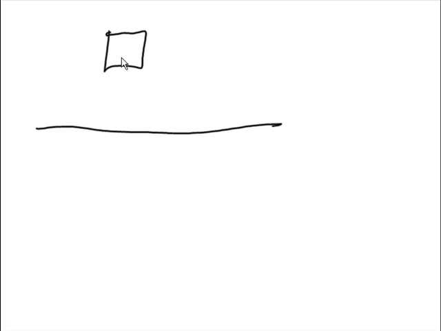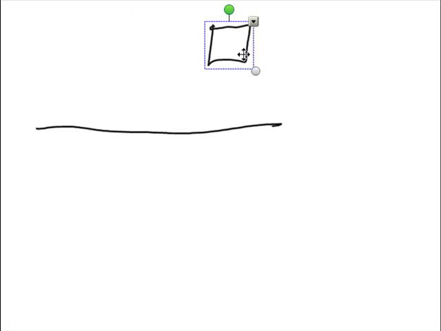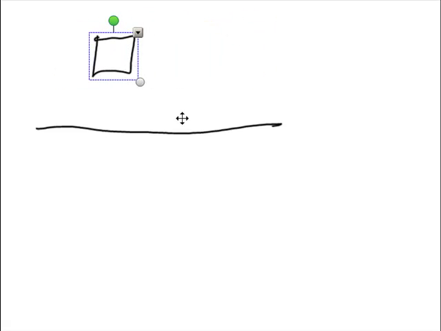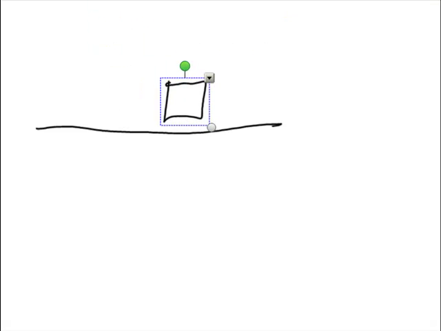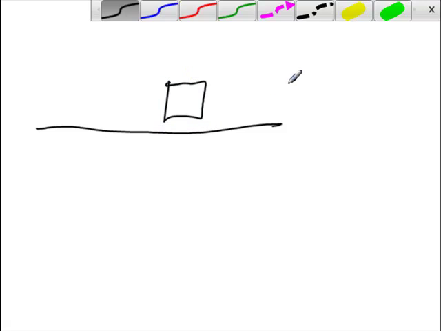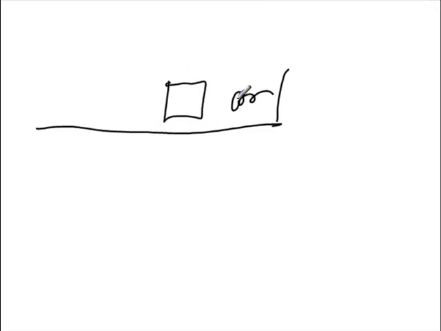This block could have energy by virtue of its motion, which we call kinetic energy. It can also have energy by virtue of its position, say it's very high up. We call that energy by virtue of its position, potential energy.